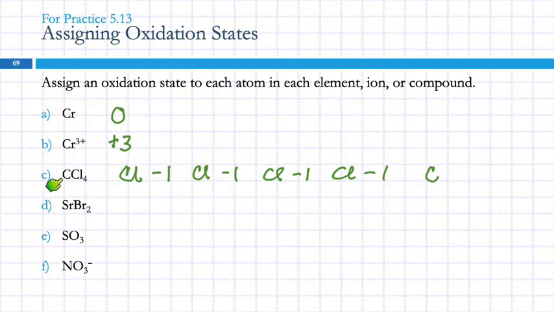So this is a neutral compound, which means that the oxidation states have to add up to 0. So each of these chlorines is -1, and there's 4 of them. What's the oxidation state for the carbon? +4. It acts a lot like charges on ions, which is both good and confusing. Any questions about that one?